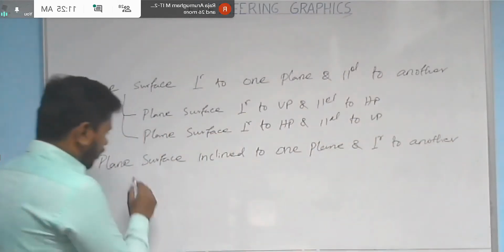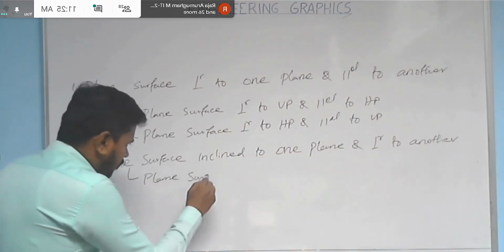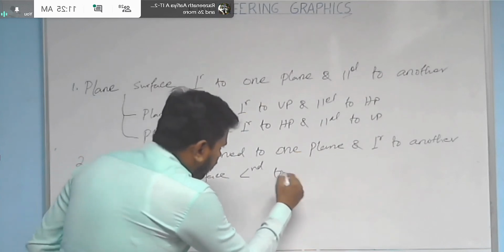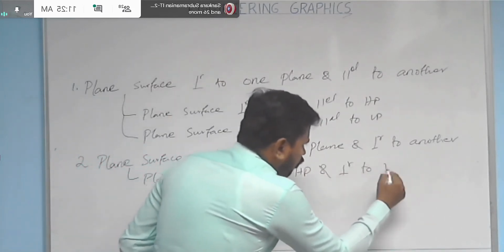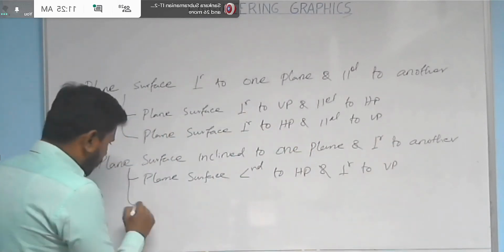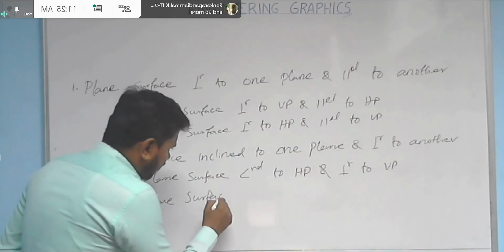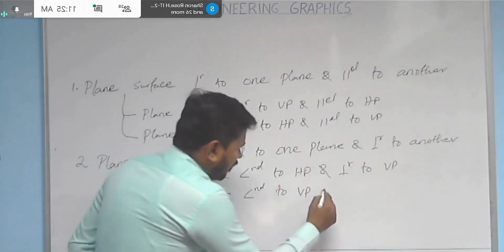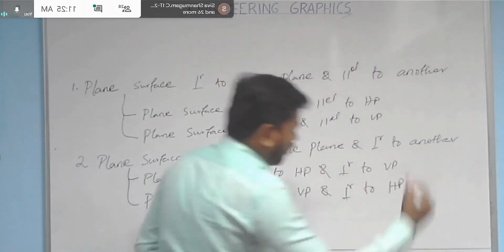Then also we can have two variants: plane surface inclined to HP and perpendicular to VP, and plane surface inclined to VP and perpendicular to HP.